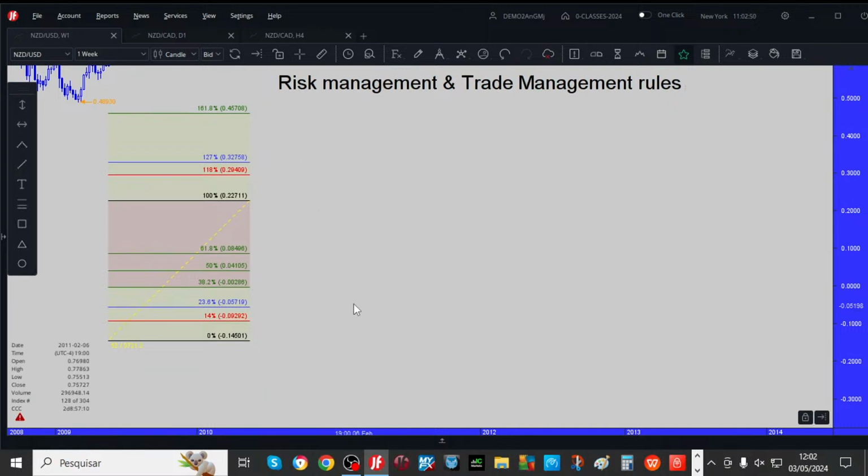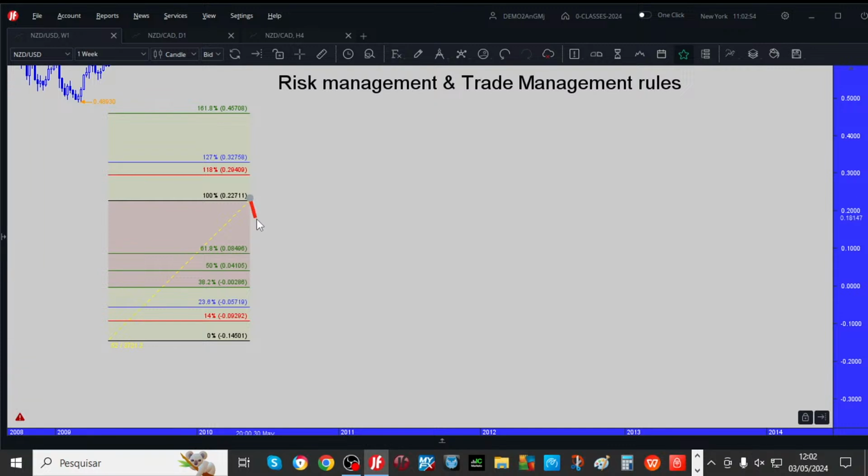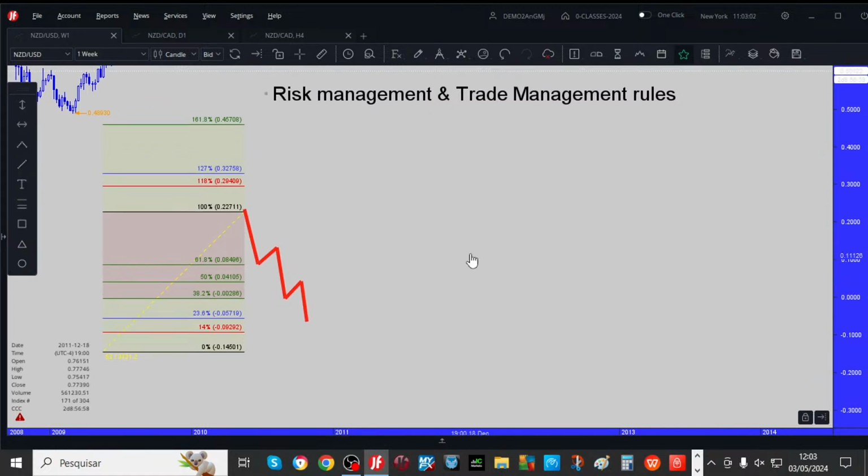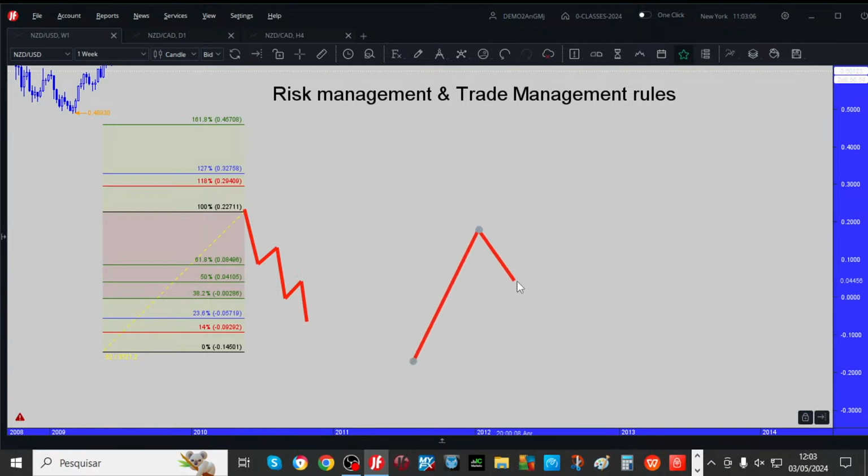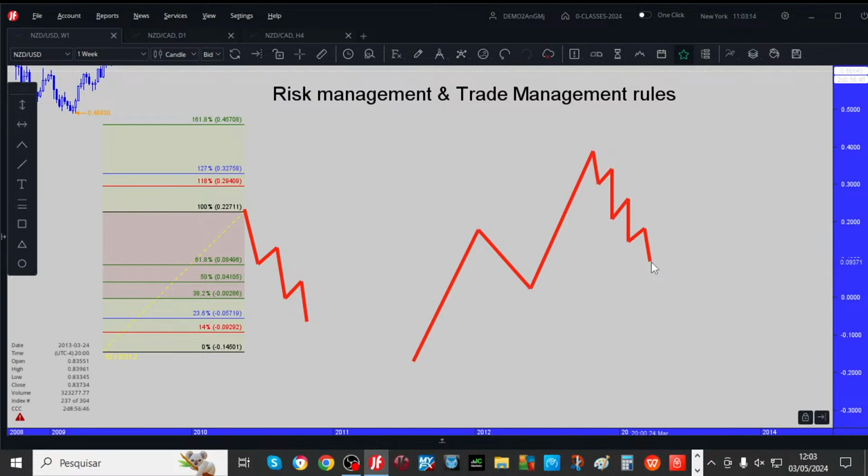If this is the Fibonacci, you might choose to enter with different risk. And if this is the market wave, you might consider entering with different risk at the different levels. Does this make sense?